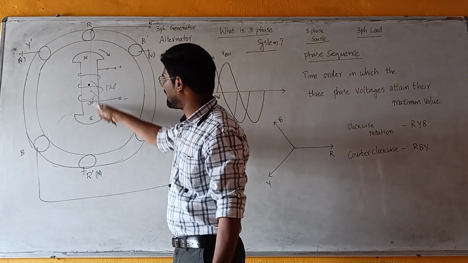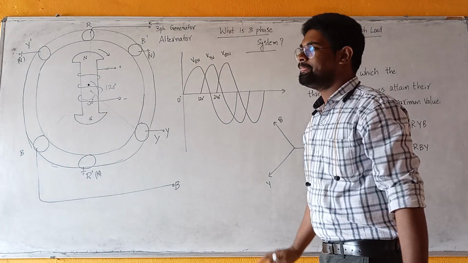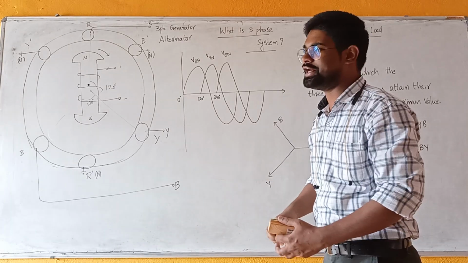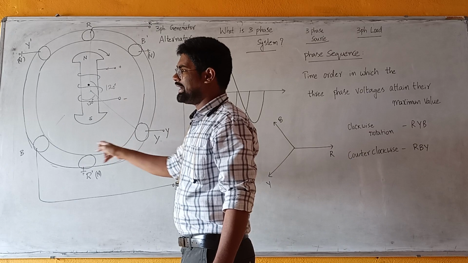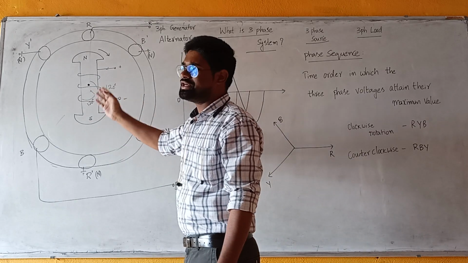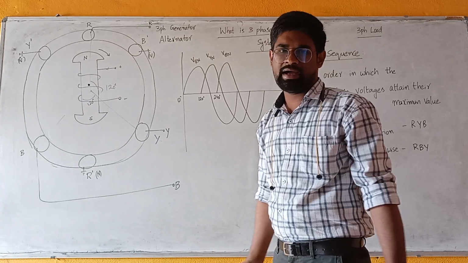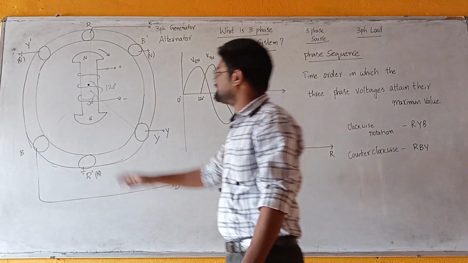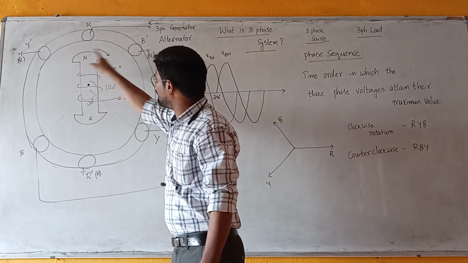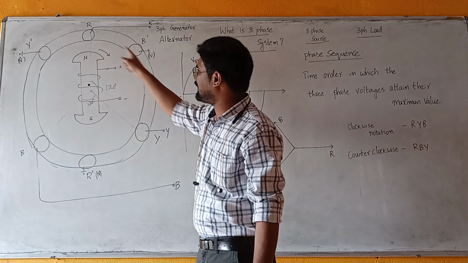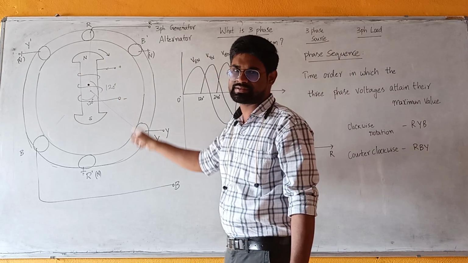And this is the rotor part. What is this rotor? This is a magnetic field system. The basic operation here is that we rotate this rotor by using a shaft. The shaft may be connected to some turbine, a steam turbine or a hydel turbine. If this rotor rotates, the magnetic flux also rotates.